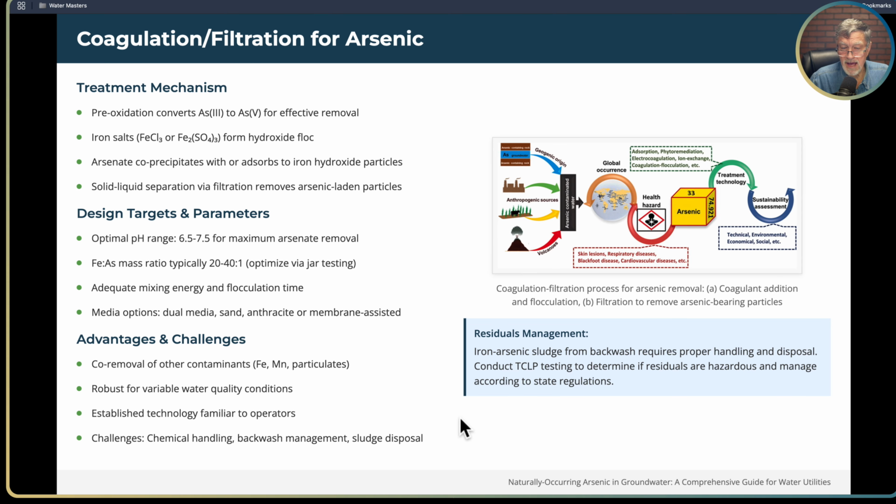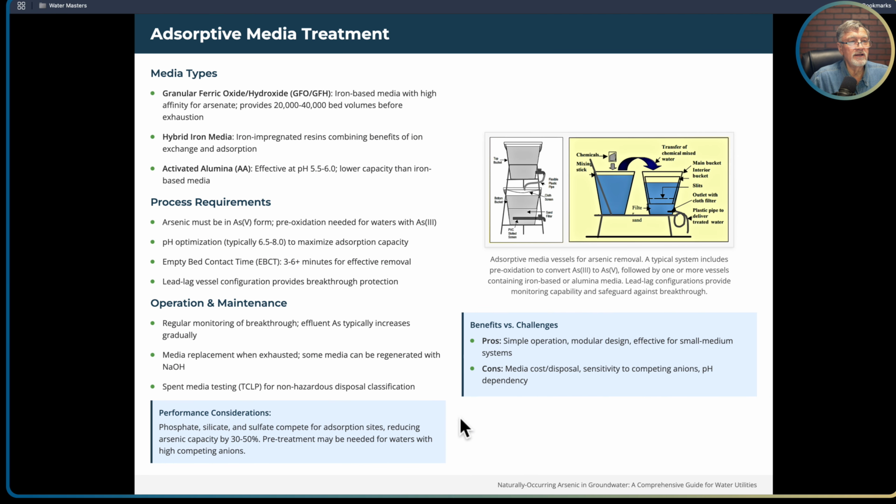And if it does, then it's going to have to be disposed of as hazardous waste. You're going to have to jump through more hoops with paperwork, there are only certain places it can go, and it's going to be more expensive to dispose of. So that is the problem with removing arsenic, because now you're dealing with the toxicity and you're concentrating it.